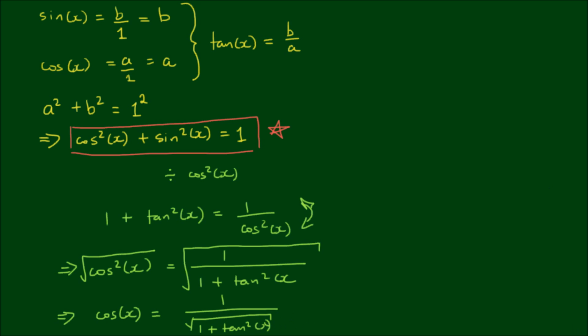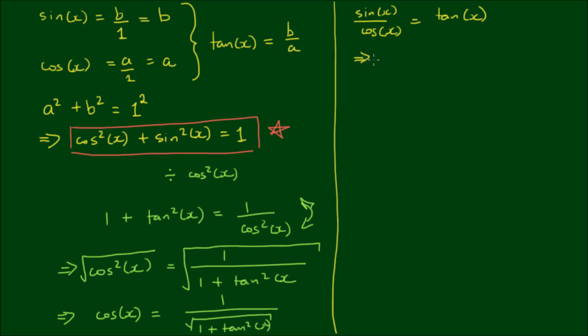Now getting sine of x in terms of tan of x is a little bit more tricky, so let me partition off this half, and since the sine of x over cos of x is equal to tan x, I can express the sine of x as equal to tan x by cos x.